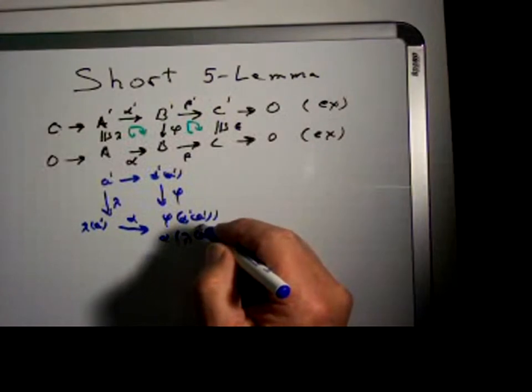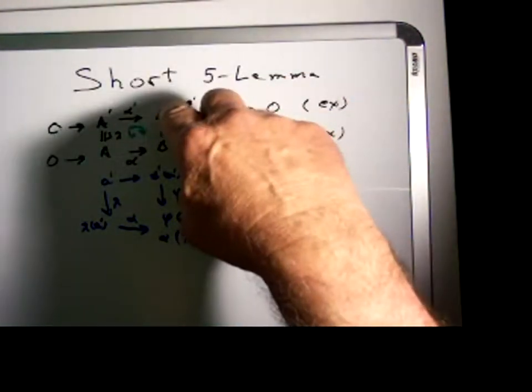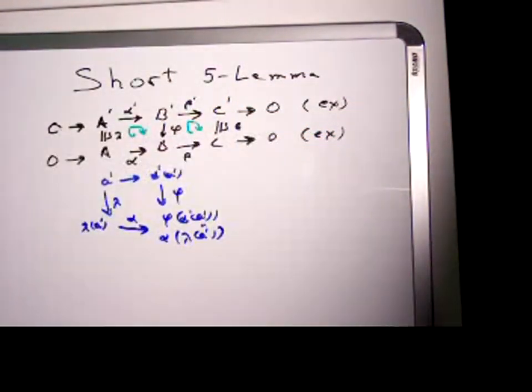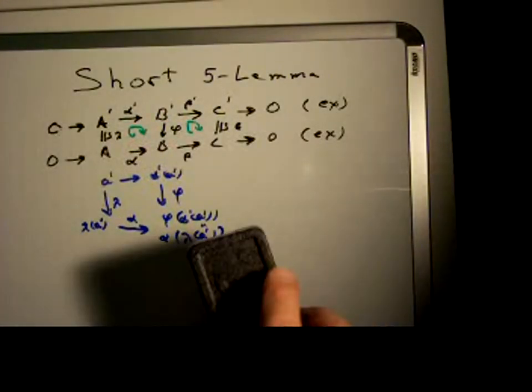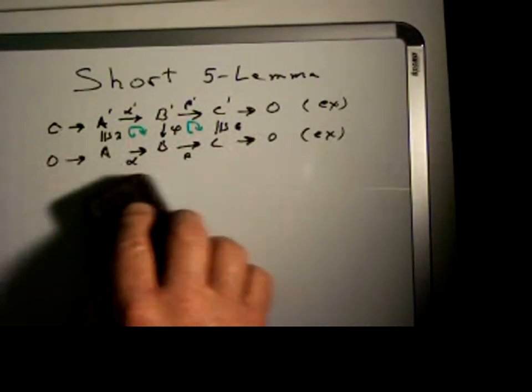And if these two are equal, we say the diagram commutes. In other words, this commutes if I go the same way. So we want those two diagrams to commute.